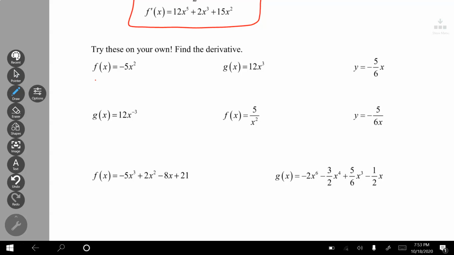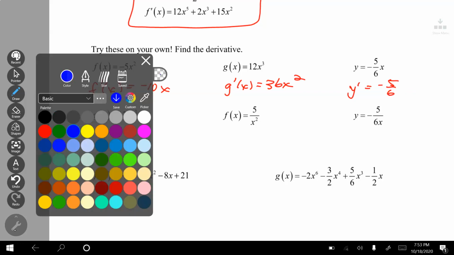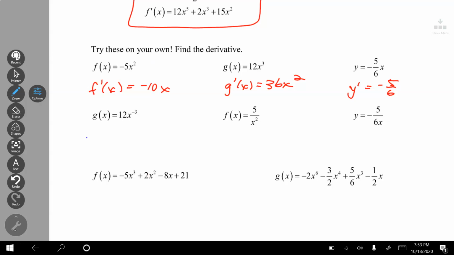So if you want to do this, f prime of x is negative 10x to the first. G prime of x is 36x squared. Y prime is equal to negative 5 over 6, x to the 0. This is g prime of x is negative 36, x to the negative 4.